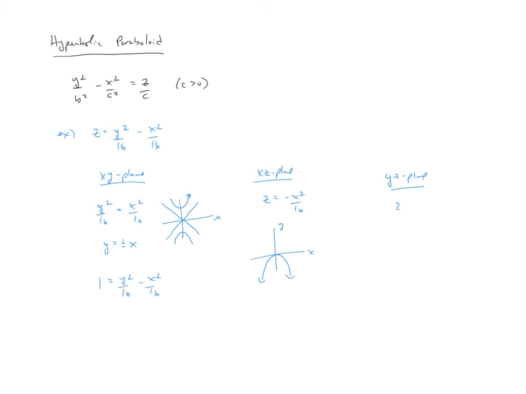If x is equal to 0, z is going to be y squared over 16, which is then the parabola that opens up, labeling our axes yz. So a variety of different things can happen here, but I will say that when you start seeing things like lines, hyperbolas, parabolas, opening up, opening down, that's usually a trigger for the hyperbolic paraboloid, hyperbolas and parabolas put together.